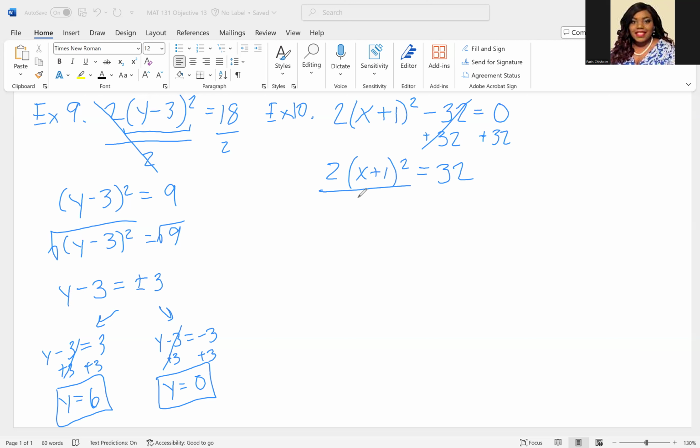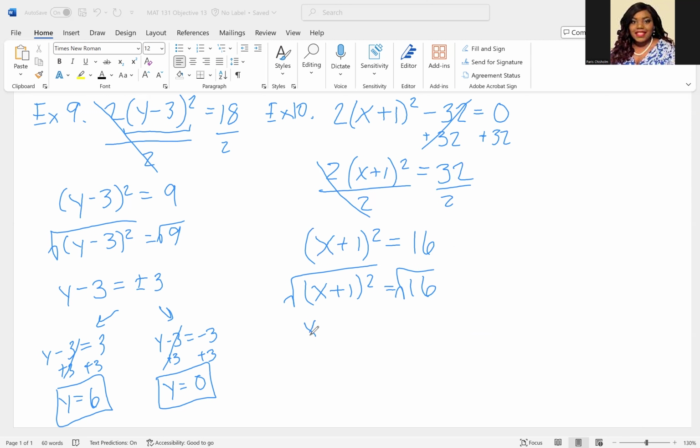From here, we will divide both sides by 2, and we'll have (x + 1)² equals 16. Now, hopefully you know what's next. We are going to take the square root of both sides.